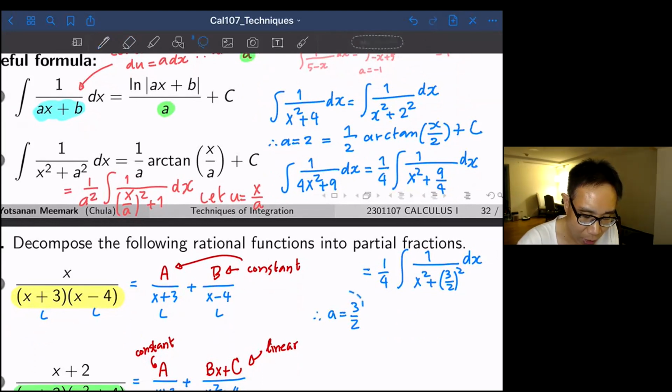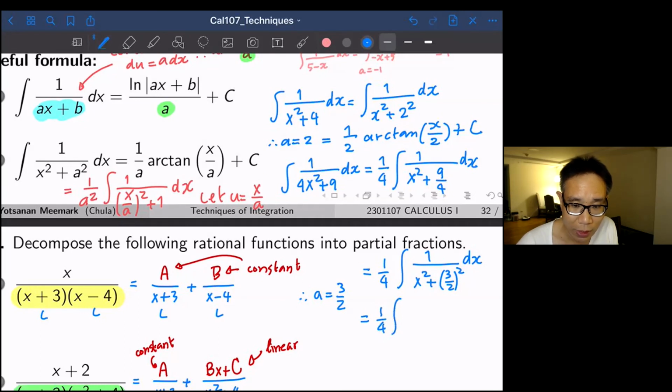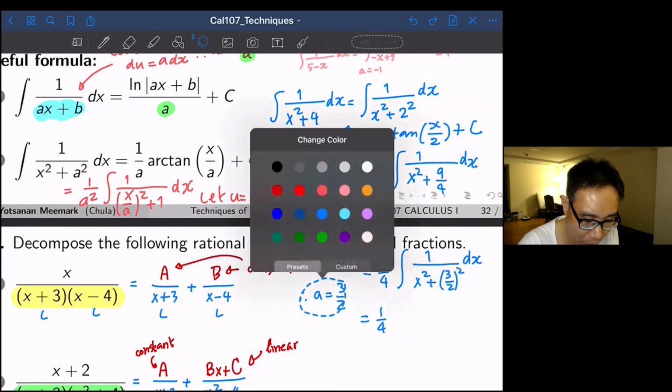So when you have a equal to 3/2, you're just going to have 1/4, and you're going to integrate according to our formula with a equal to 3/2. Let me change the color. This one is going to be the pink one.